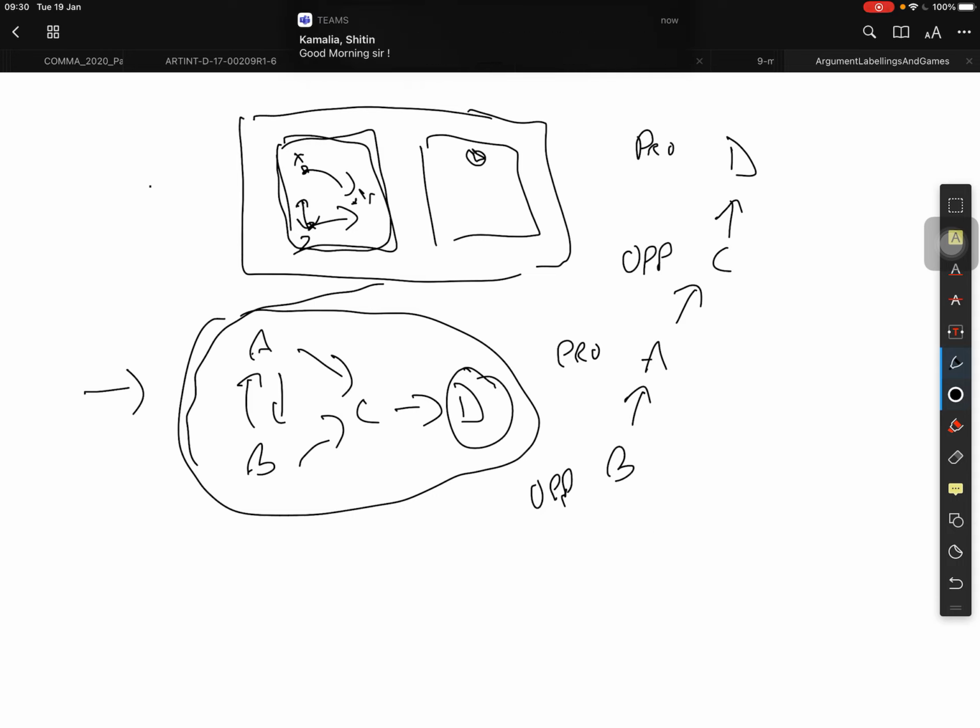In the grounded game, the proponent cannot repeat, but the opponent can repeat.